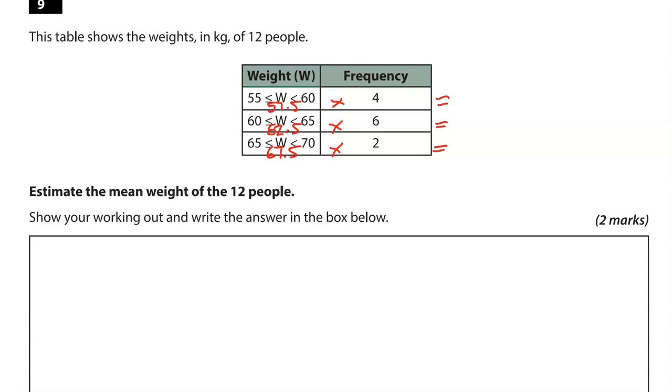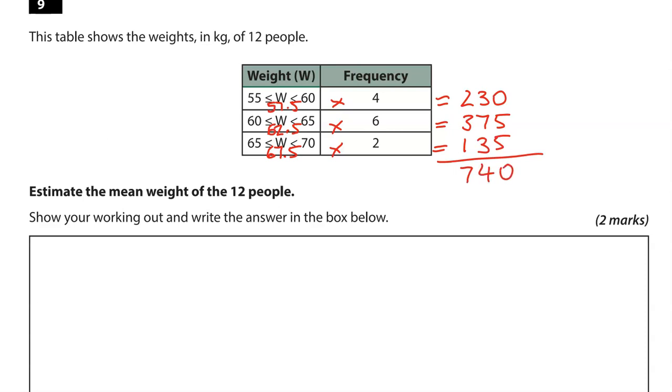So 57.5 times 4 gives us 230. 62.5 times 6 gives us 375. 67.5 times 2 gives us 135.